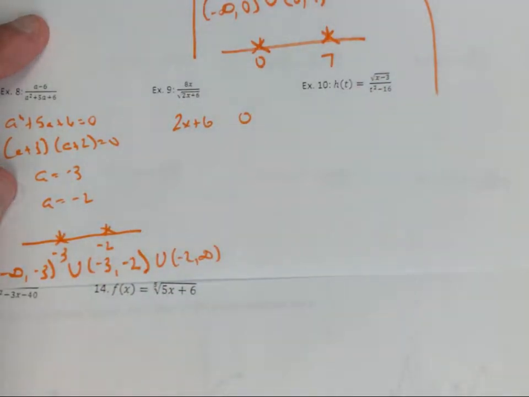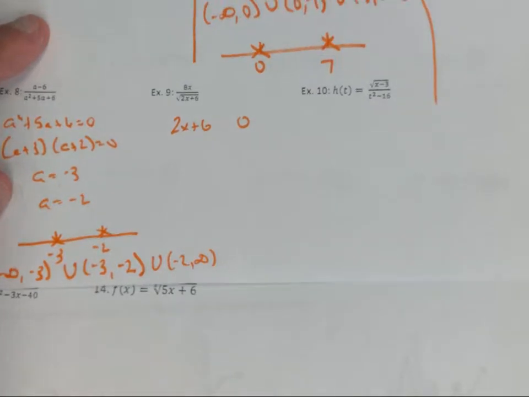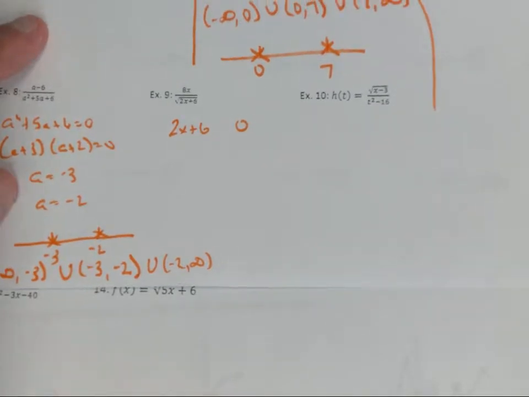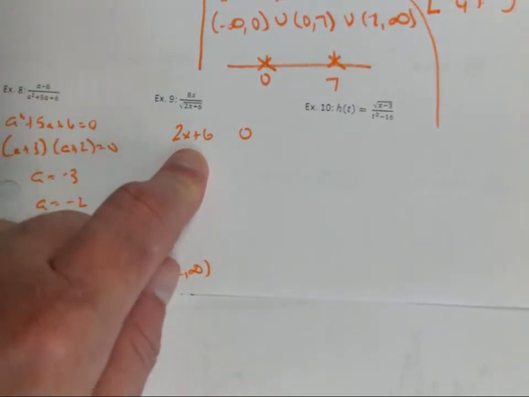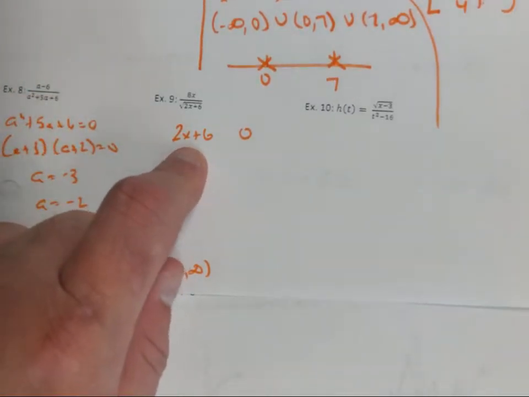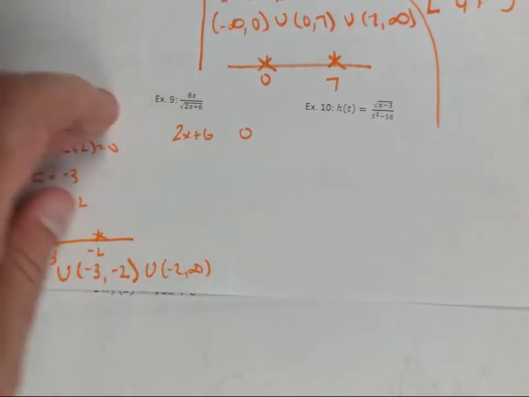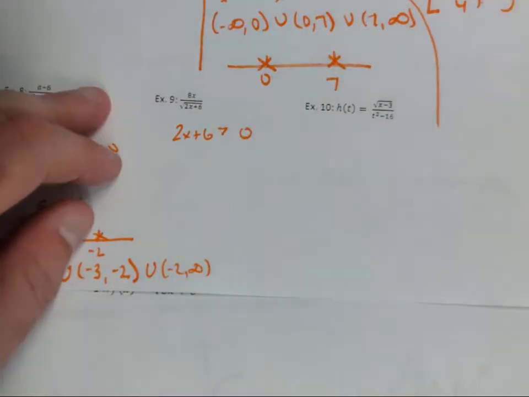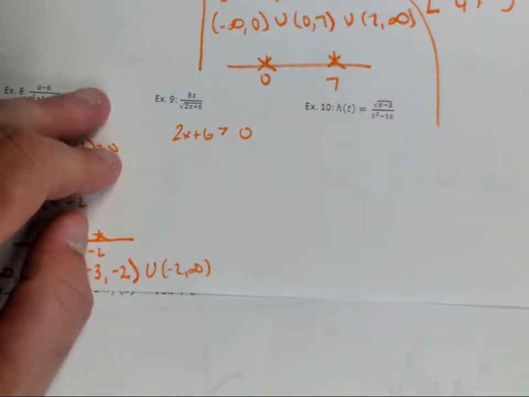And I've got to think about my symbol. Could you square it and then square the top also, or no? No, not quite. So on this one, you've got to think, first off, it's a radical. It cannot have what type of number under it in the real world? Negative. So I know it's got to be greater than 0.